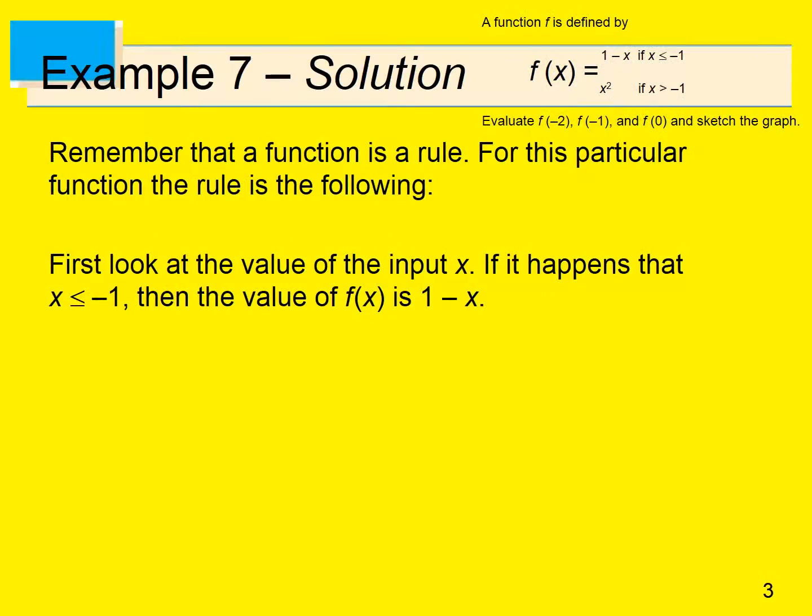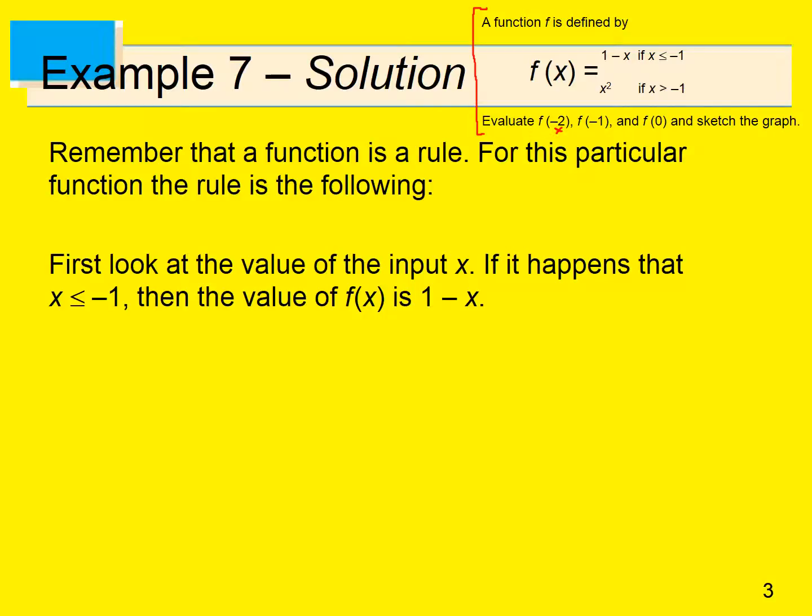So here's our function and our quest to evaluate those three things. A function is a rule. And for this particular rule, the rule is the following. First, look at the value of the input x. So, in the first case, it's going to be negative 2. That's going to be the x.